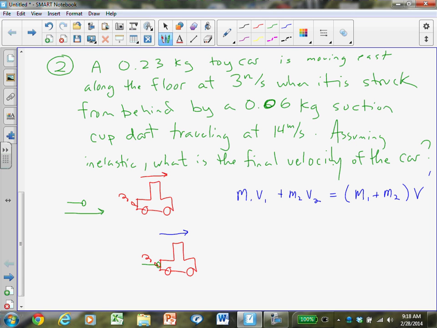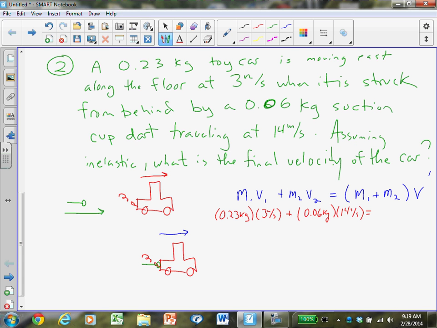So my m1 could be for the car, and the car is 0.23 kilograms, going at 3 meters per second, plus the mass of the dart, which is 0.06 kilograms, going at 14 meters per second.